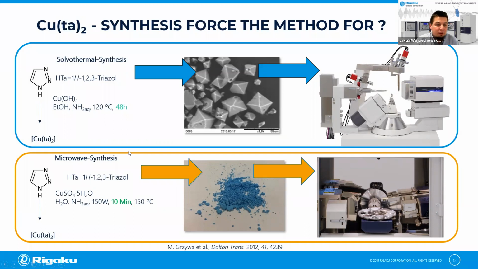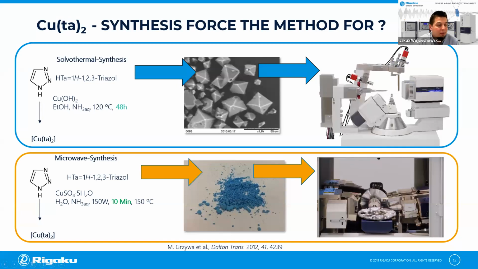If you are patient and you know how to do it, you can run the crystallization, co-crystallize, get beautiful crystals, and use a single crystal instrument to solve the structure. If you need to do it in bulk or very quickly, because you want to run lots of different syntheses, you end up with a powder system.